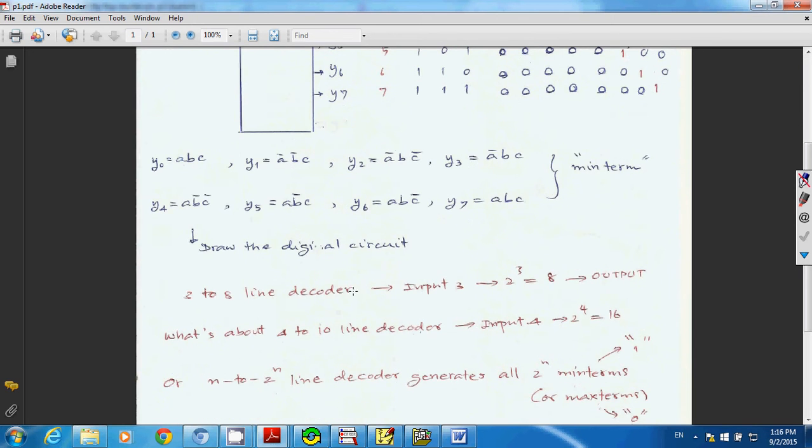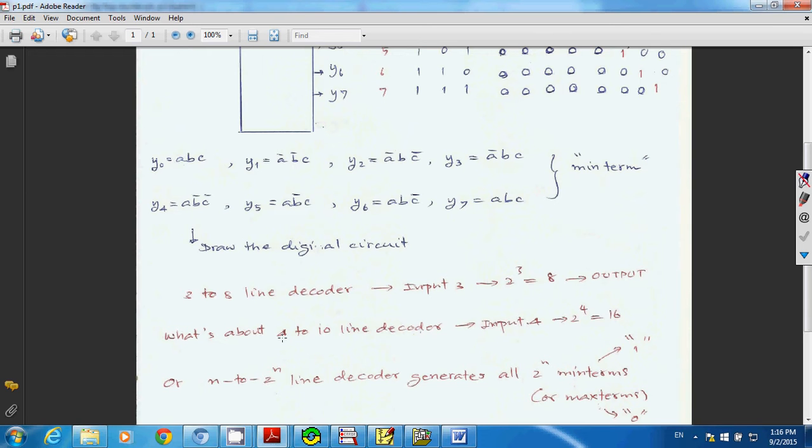As I show here, when you have a 3 to 8 line decoder, you have 3 inputs, so you end up with 8 outputs.